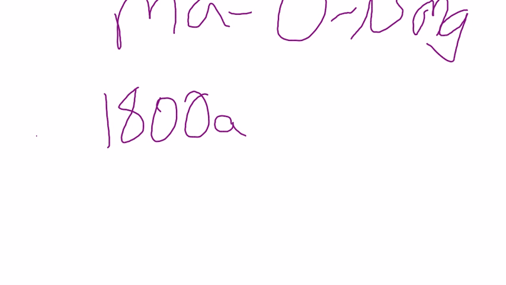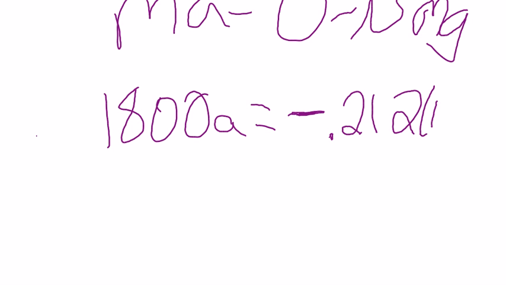So as we get our points again, ma equals 0, which we don't need. Don't forget the negative. 0.212 times mass times 9.8.